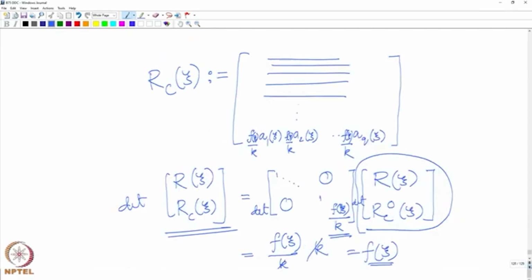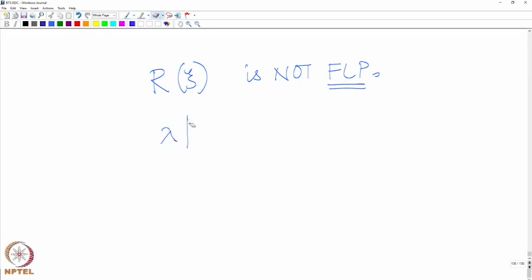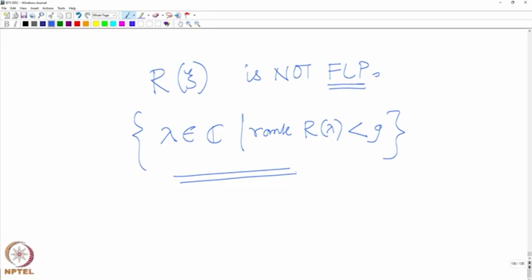What interesting fact that comes out of this analysis also is that if it is not controllable, look at this R psi, if it is not factor left prime, then these roots, these complex numbers for which this guy loses its rank, these are in a way roots that are unchangeable by this kind of control.